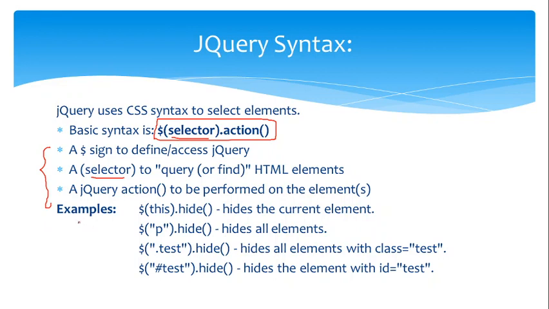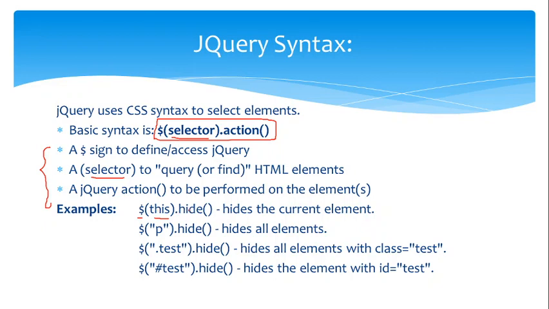Here are some examples. Dollar, this is a selector. Okay, like you can use the ID. Whatever you write, that will be considered for this dot hide. So whenever you write this, whatever elements are there, like the paragraph tag or whatever it may be, that will be hidden.